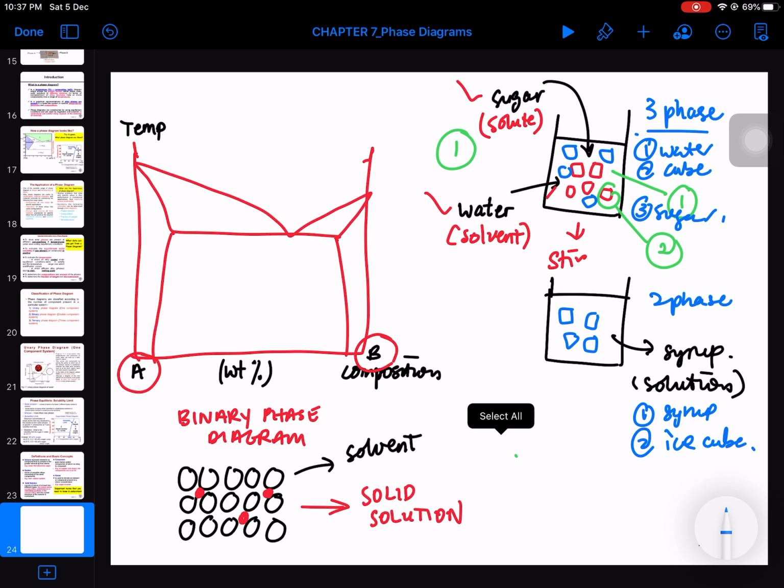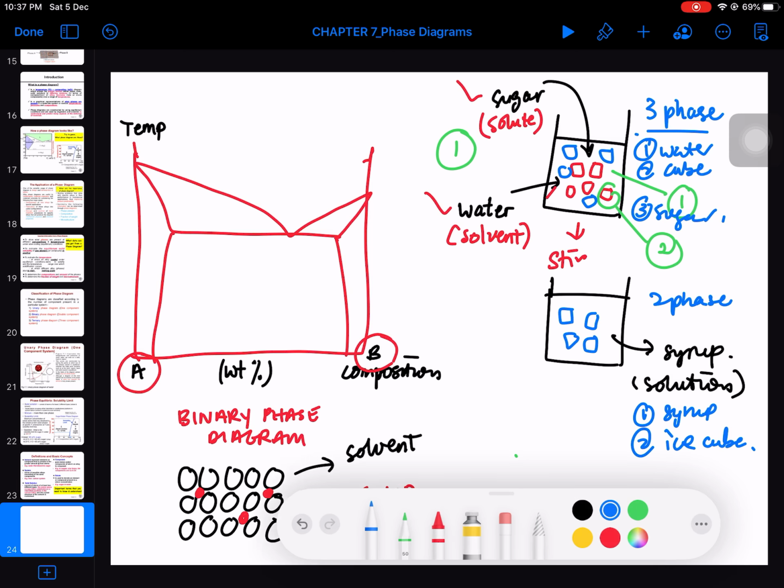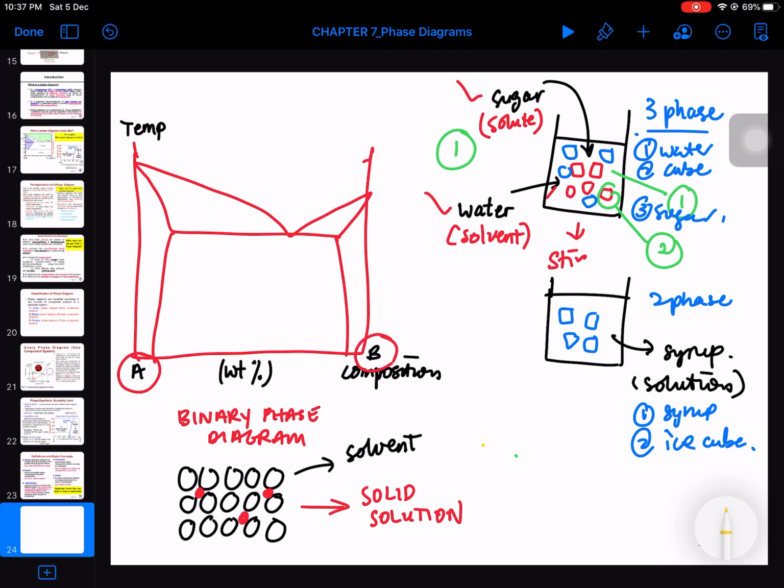All right, so within this two-phase system, let's say the one where we have the syrup solution and the ice cube, there are certain boundaries that separate the ice cube and the syrup. This is the boundary that separates the two phases.